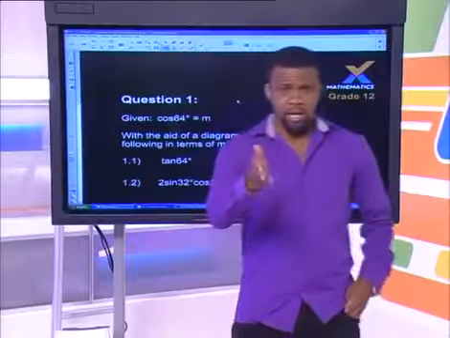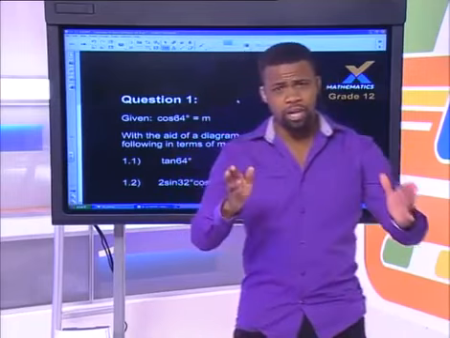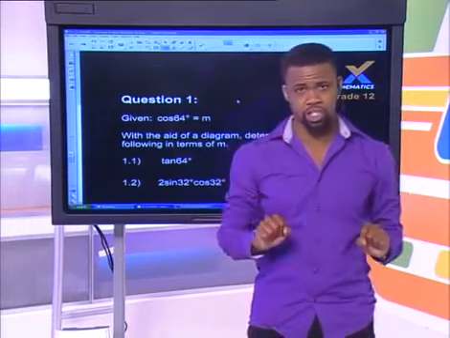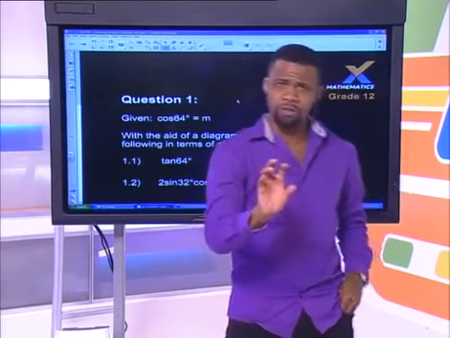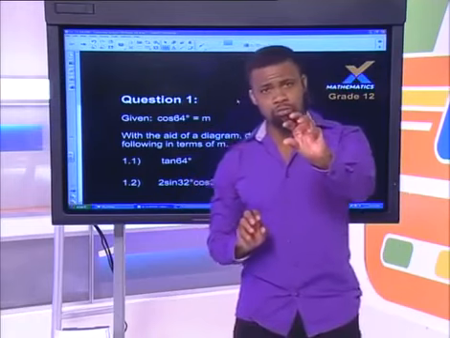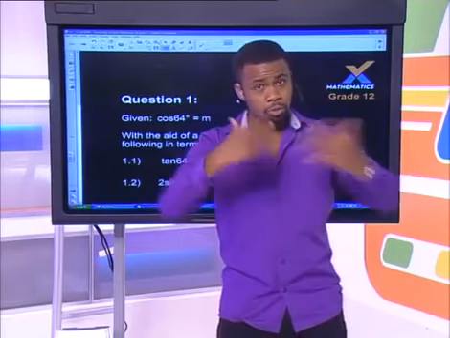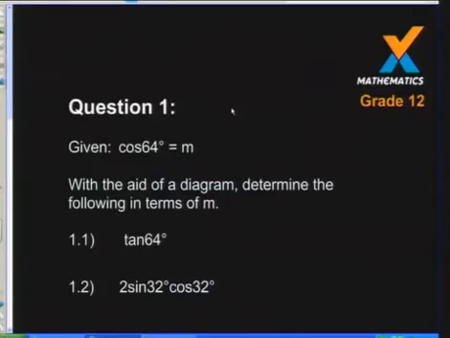Okay, guys, I have a question that I'll be solving now. What I'll advise you, before you tackle any problem, read the whole question. And if you have 1.1, 1.2, 1.3, and you can't solve 1.2, skip it. Solve 1.3. You'll come back later. So I have one problem here with me. Question 1. We've been given that cos 64 equals m.